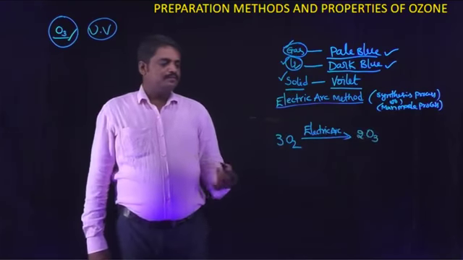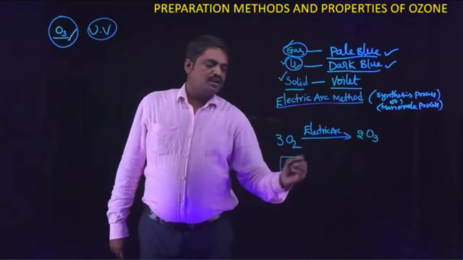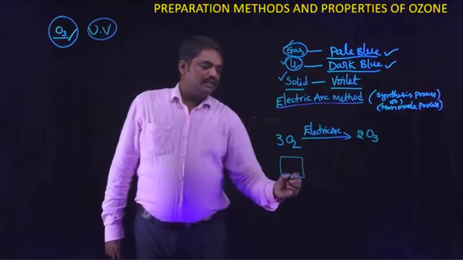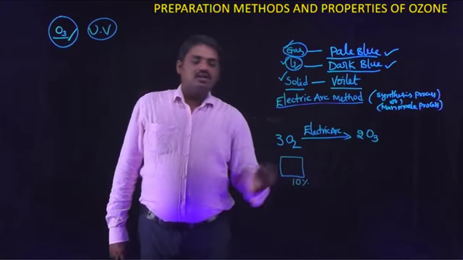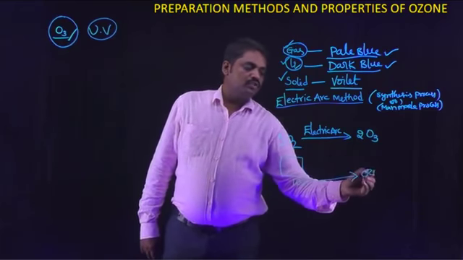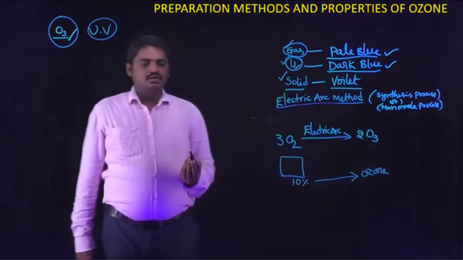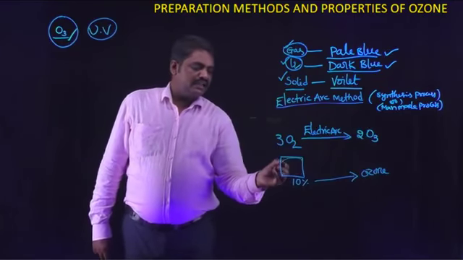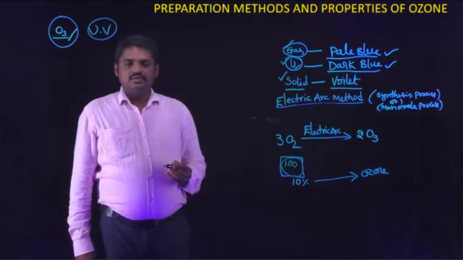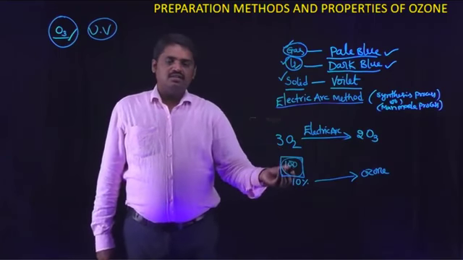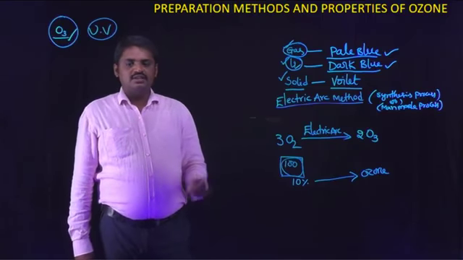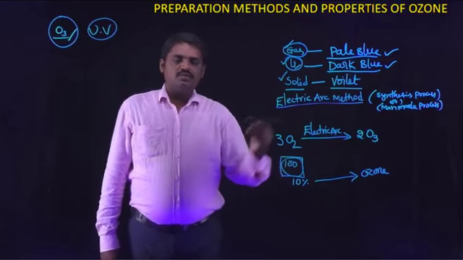For example, 100 moles of oxygen molecules are taken in one beaker. Only 10% of the oxygen molecules are converted to O3 molecules. Assume this container contains 100 molecules of dioxygen.